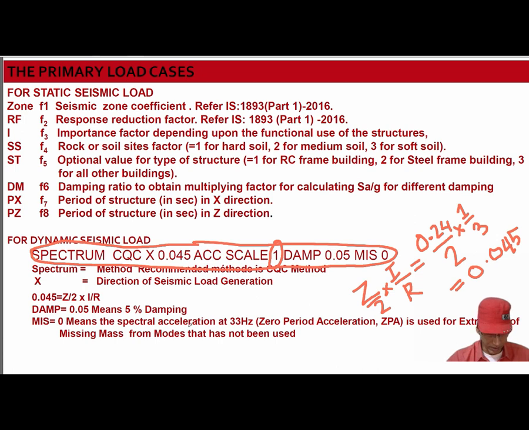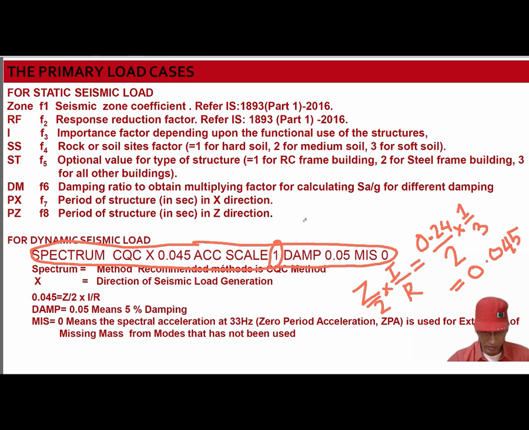MIS 0 means we may ask STAAD to calculate mass contribution up to a certain mode. Suppose we ask STAAD to calculate mass contribution up to mode 3.